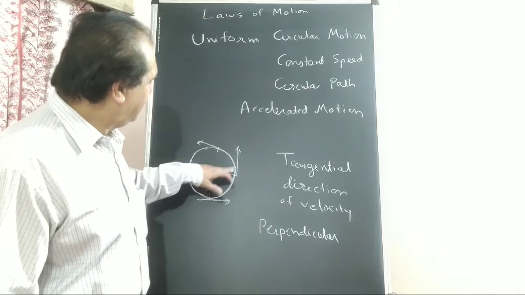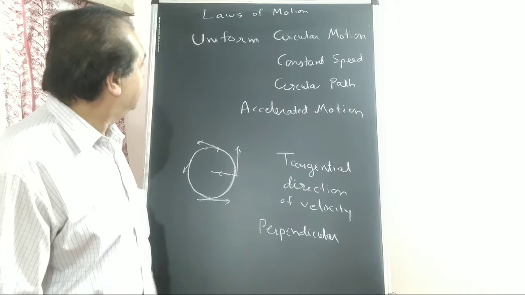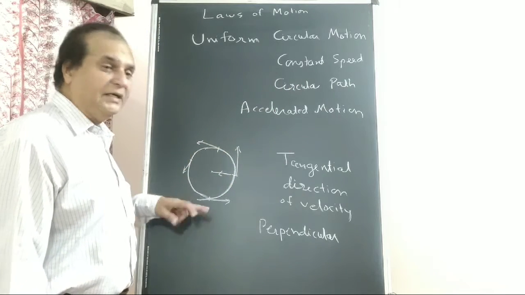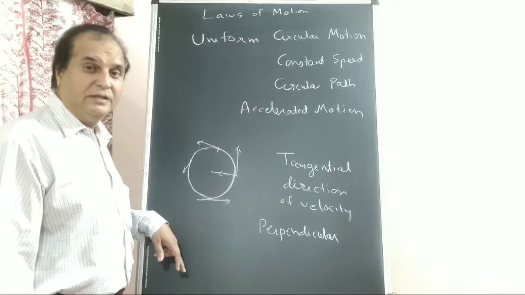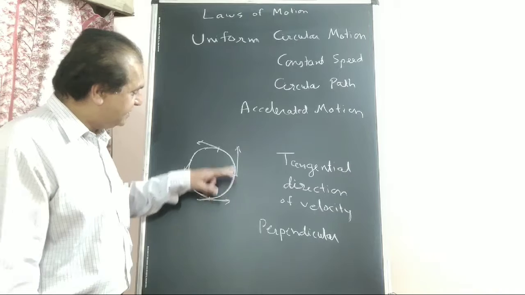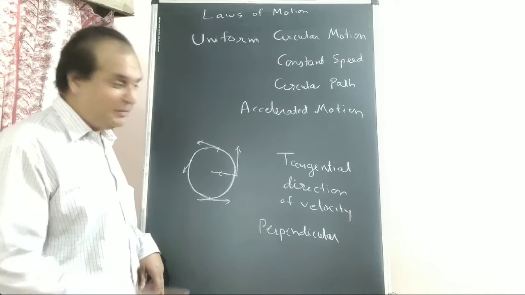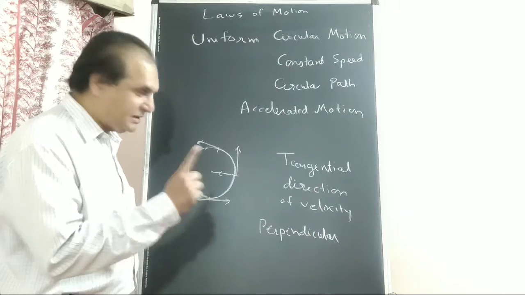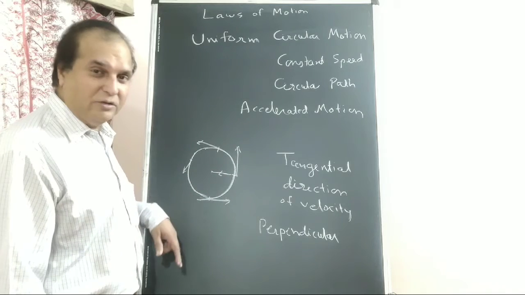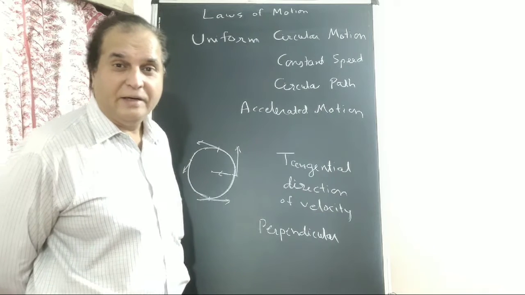So here speed is constant, direction is changing, so velocity is changing. Change in velocity means acceleration, and it moves with a force, the centripetal force, necessary to produce circular motion. So force means acceleration. Hence, this motion is accelerated motion.